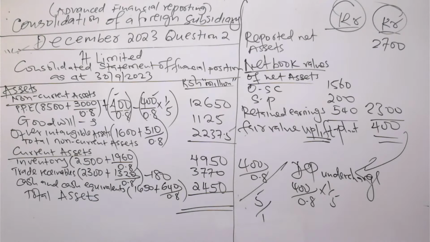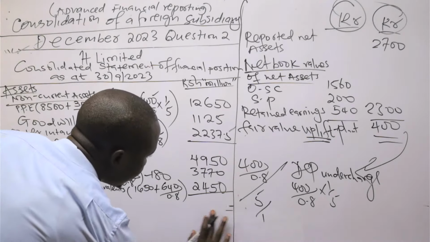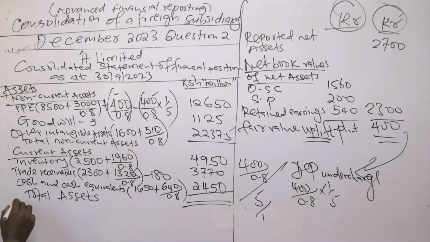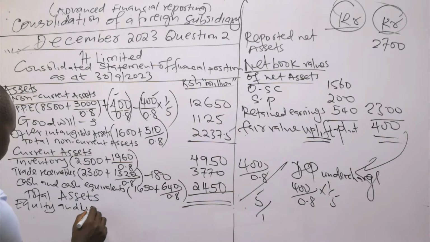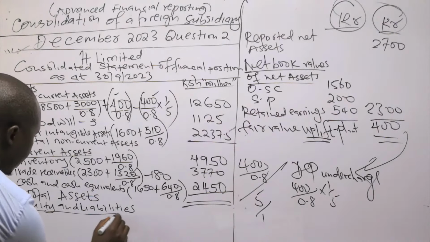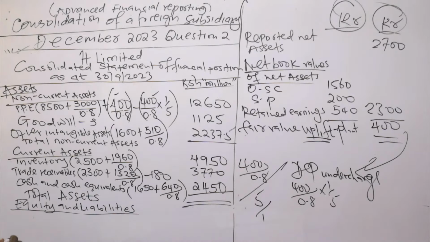So you go to the equity and liabilities. Starting with equity, we have ordinary share capital.